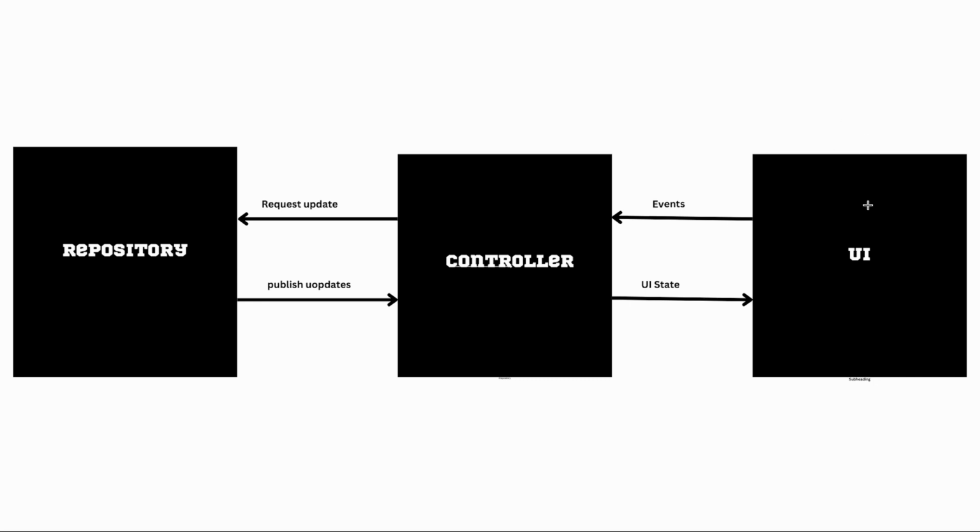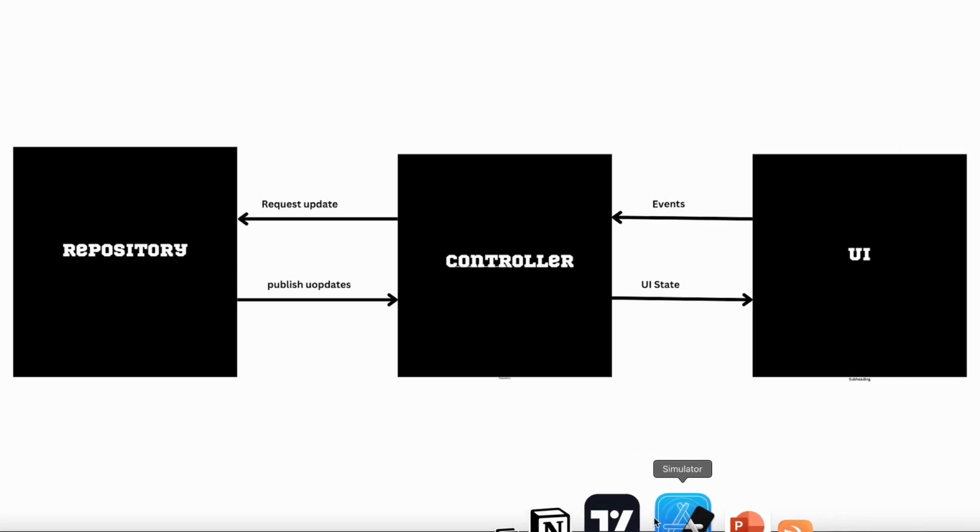So what happens with the user interface is that if a user, let's say, clicks a button, that is an event. The event will trigger the controller to request for updates, right? And then when it requests for updates, the repository is just going to send back those updates, and then when the controller gets those updates, it's just going to update the UI state, and then the UI state will then cause the user interface to change, right? So that's basically what our architecture is, right?